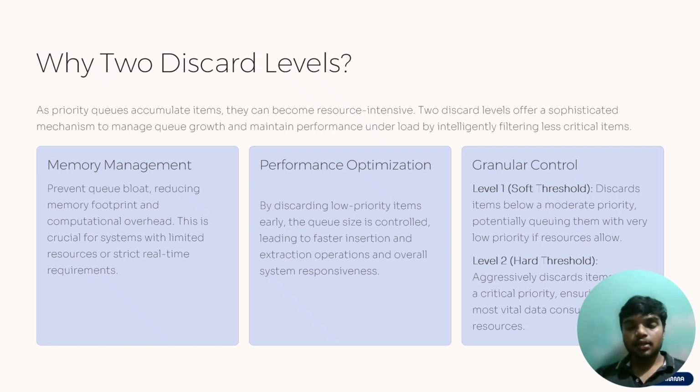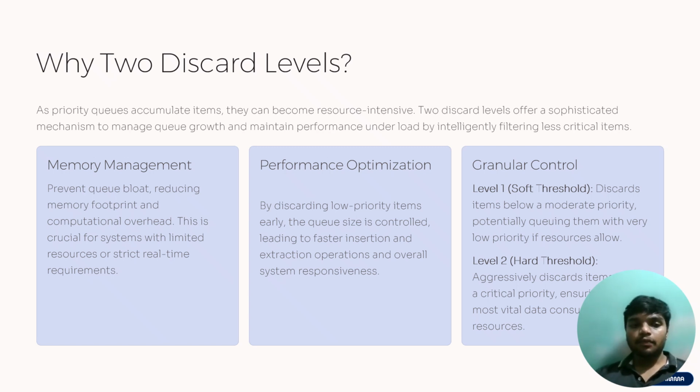As I said before, there are two discard levels. One is the soft discard level and the other one is the hard discard level. Basically, these two perform discarding, but they do different types of discarding.